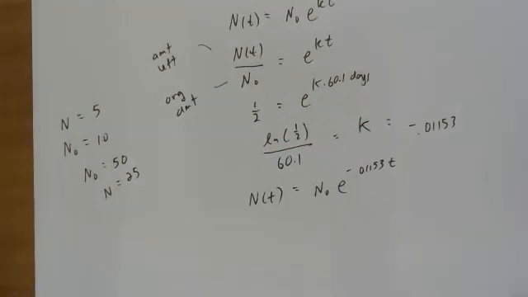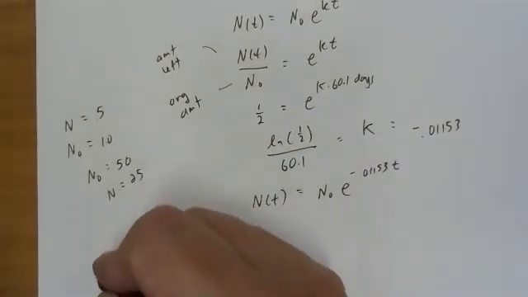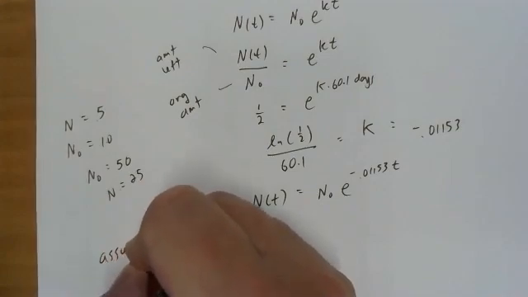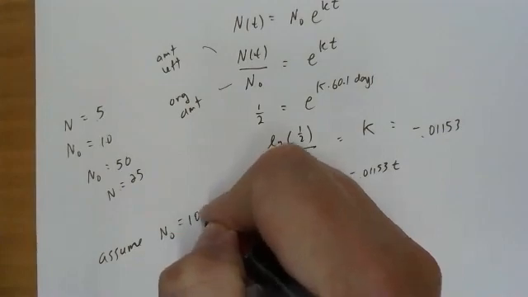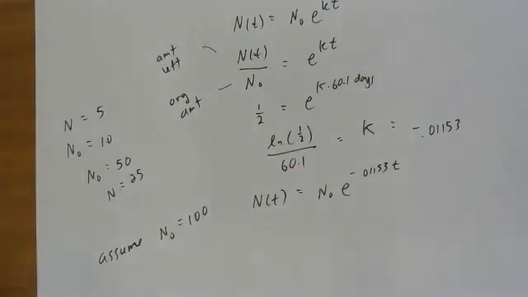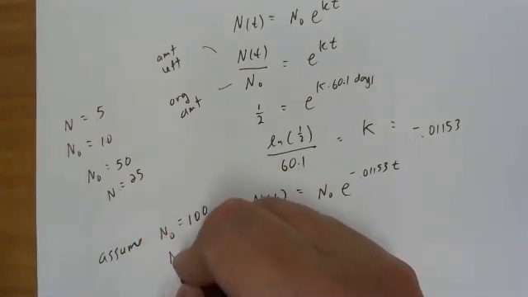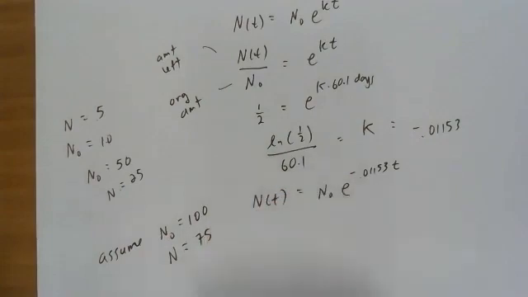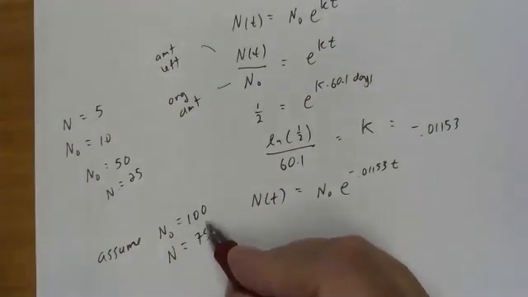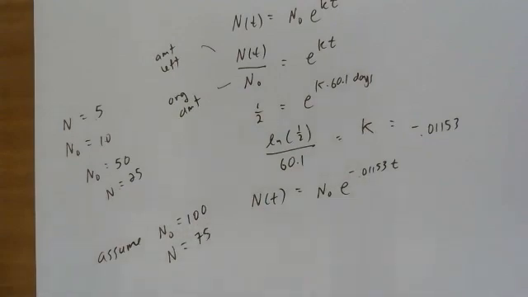Let me just assume I start with 100. If it decreased by 25%, then the amount's going to be 75, right? Going from 100 to 75 is decreasing by 25%.